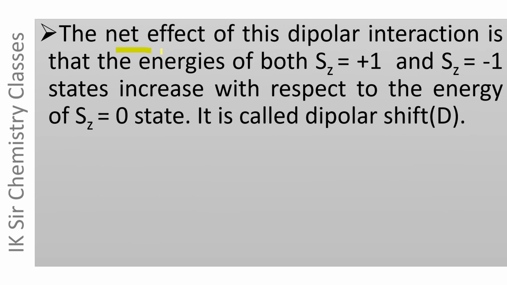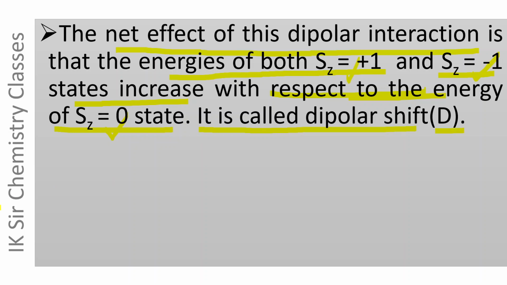The net result of dipolar coupling or dipolar interaction is that the energies of both Sz equals to +1 and Sz equals to -1 states increase with respect to the energy of Sz equals to 0 state, and this increase in energy is called dipolar shift, and it is denoted by D.